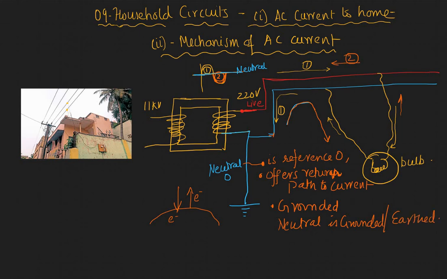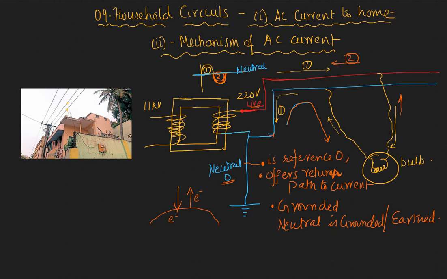Please do not confuse it with the earth wire. Just like the live wire and the neutral wire, the earth wire is a different kind of wire that is going to be used at home. But when I say the neutral wire is earthed, it's different from the earth wire. So here is a summary.